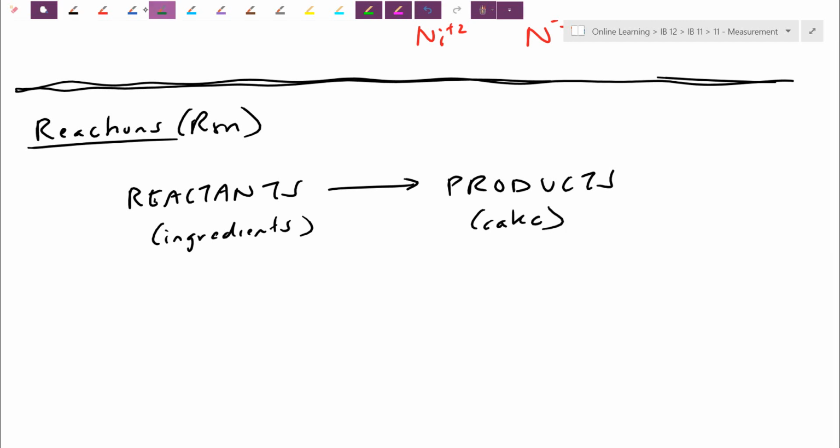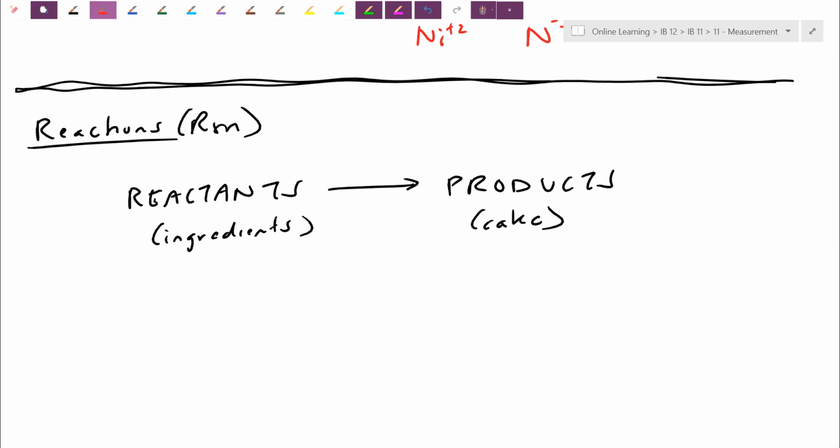Although we will take a look at balancing in a second, if I took the ingredients making up the cake, the sugar, the flour, the icing, those things still resemble, and are still parts of, the product, but you wouldn't eat these raw ingredients. The reactants actually change and bond in different ways to end up forming your products.